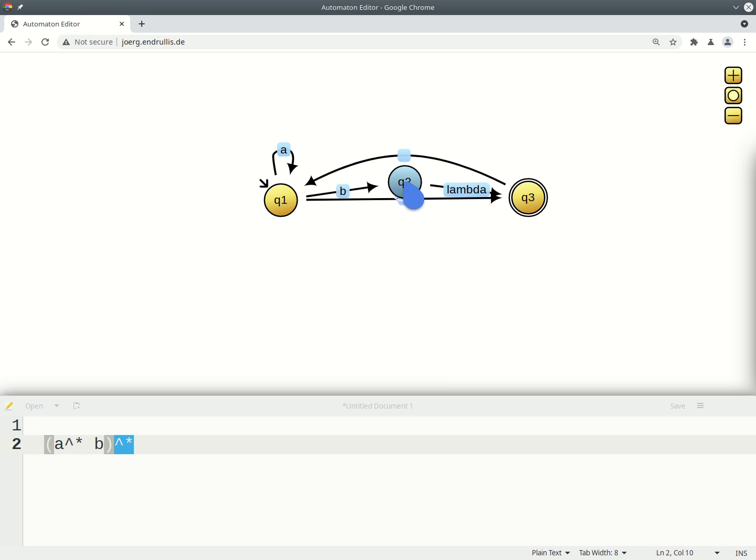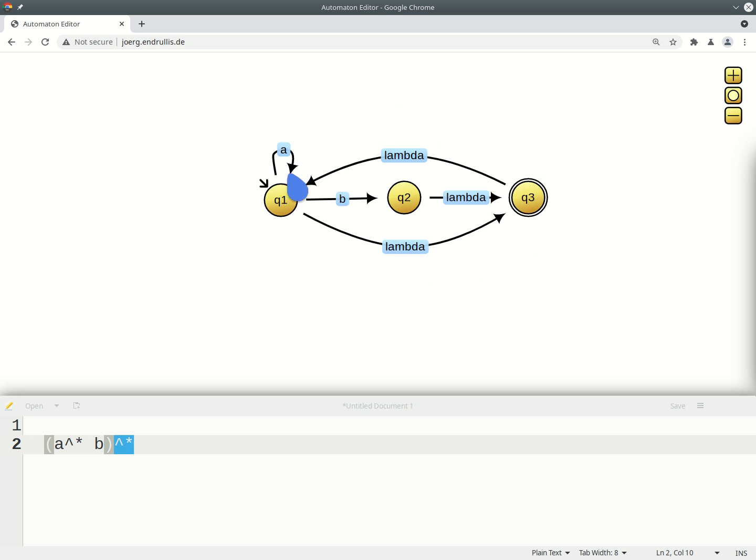So this is a lambda transition, and this is a lambda transition. Now this is almost the construction as we had on the slides, but we did not add a fresh starting state. Now the question is, is this correct?